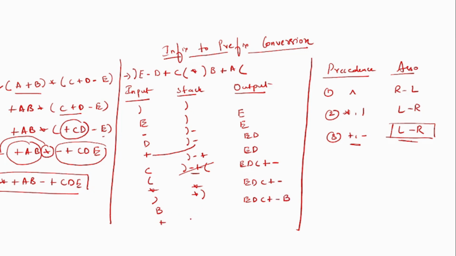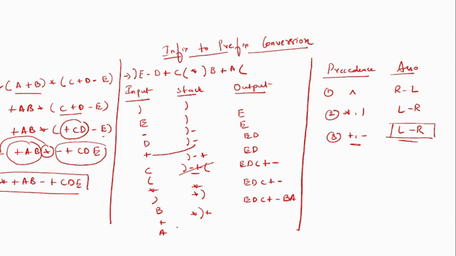There is nothing after the parenthesis, therefore star, closing parenthesis and then plus, and this remains the same in the stack. Then comes A, which is not an operator, therefore I can just put A here.